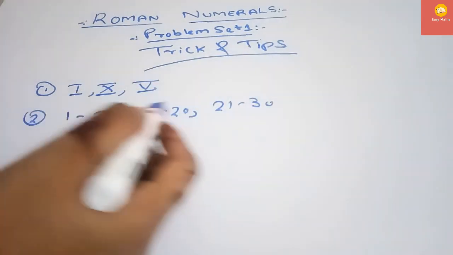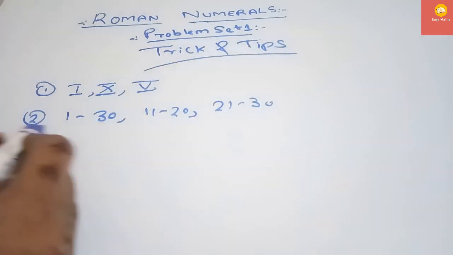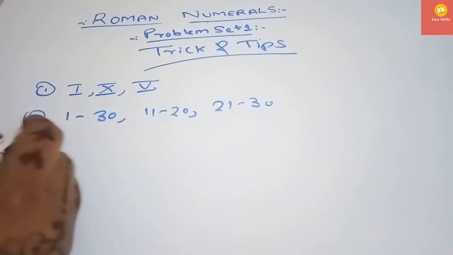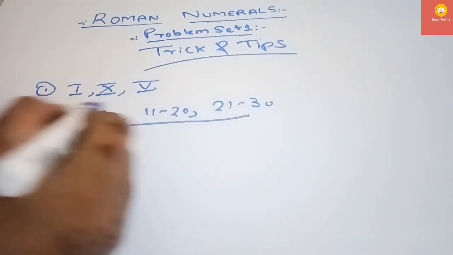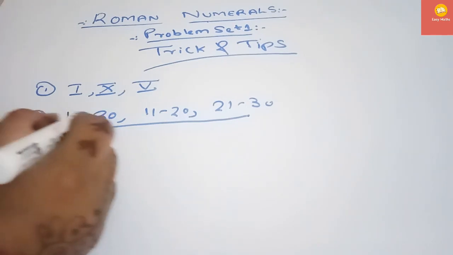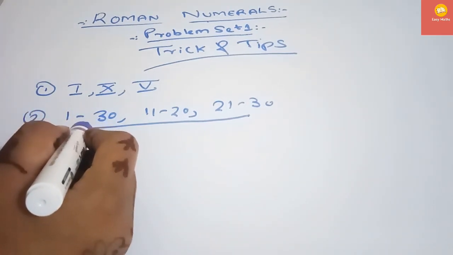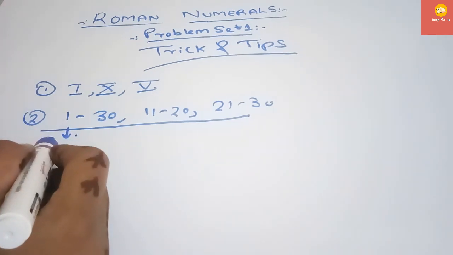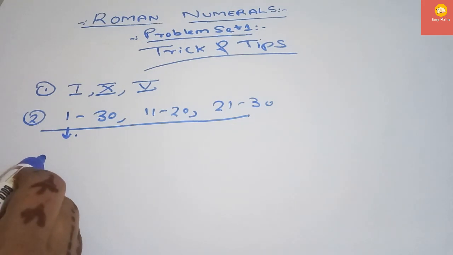If you receive such questions, how to resolve it without wasting time? Let's start. From 1 to 30, the student will spend 5 to 10 minutes writing the Roman numbers correctly, but using these tips you will write in a few minutes only. Okay, so how to write Roman numbers from 1 to 30? Let's see.